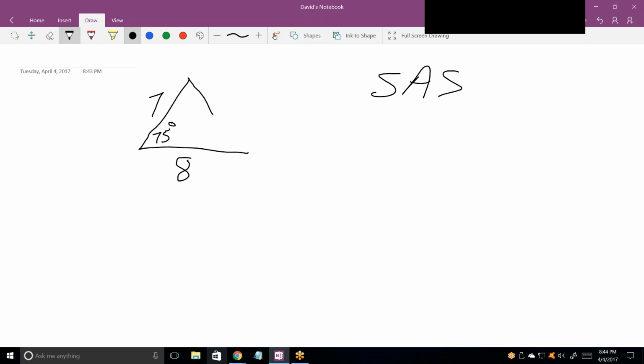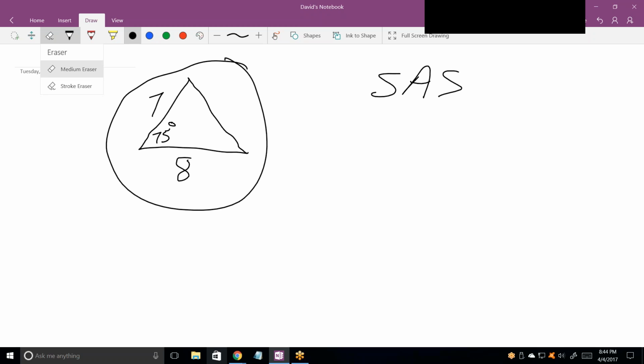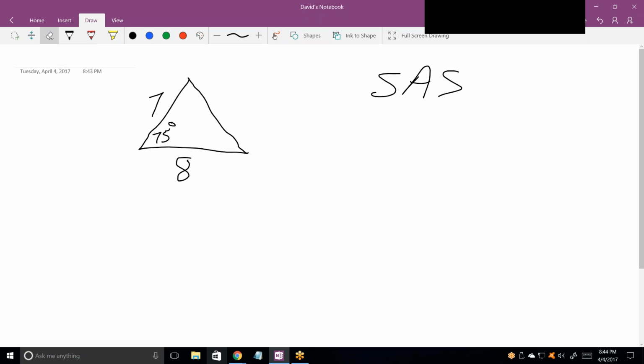Notice what you're missing. You do not have an angle and its opposite side. In other words, I cannot begin that with the law of sines. In order to use the law of sines, you've got to have at least one angle and an opposite side. And you don't ever have that if it's side, angle, side. Okay? So this begins with the law of cosines.